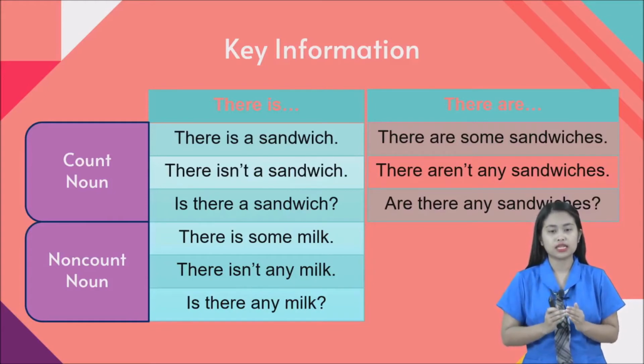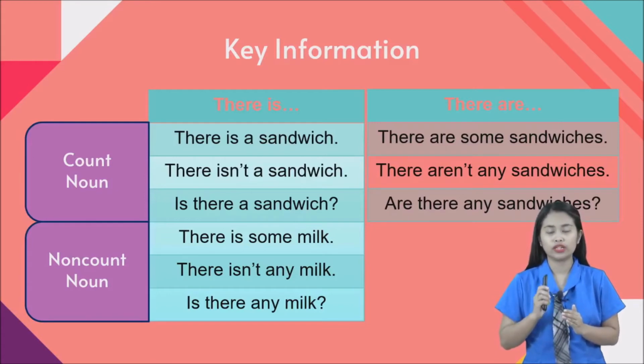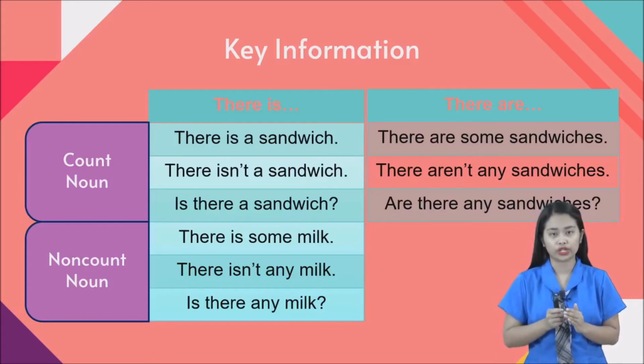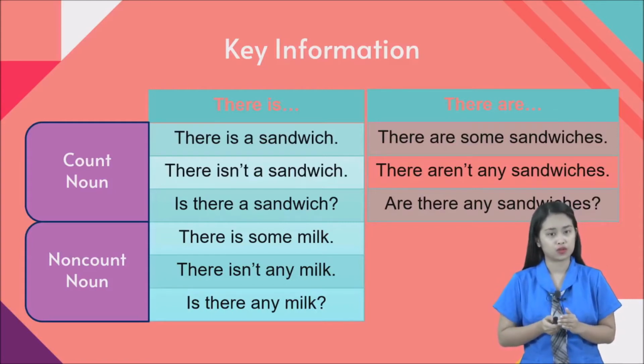Next sentence is negative, we have the word aren't there. That's why it is negative, and we are not going to use the word some. We are going to use the word any. So there aren't any sandwiches. Next is the yes or no question: are there any sandwiches?